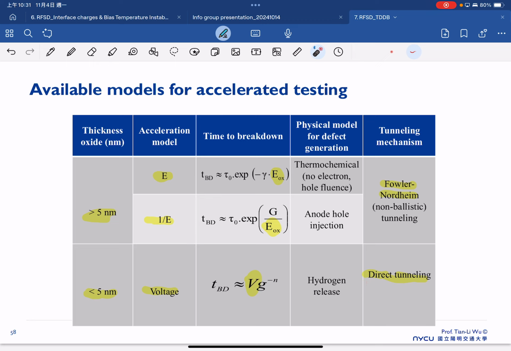But nowadays, I think this physical model for the defect generation sometimes is not exactly true, because so many reasons will influence the defect generation. But what I believe is true is this tunneling mechanism determining our acceleration model. I think that still makes sense nowadays.